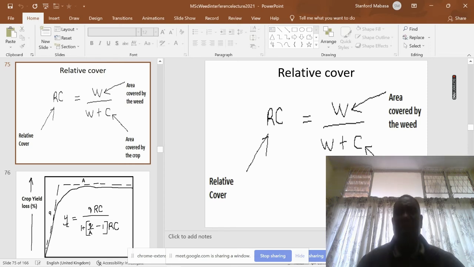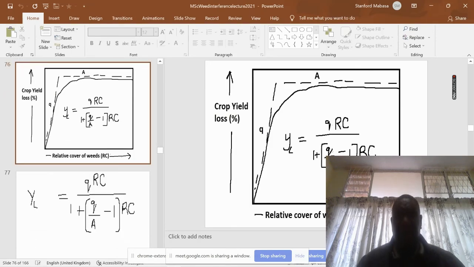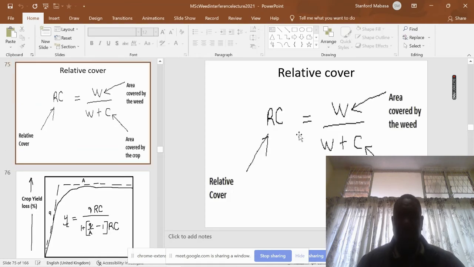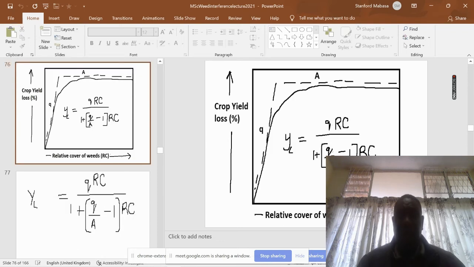We experimented with a group of students who were measuring relative cover and at the same time weed density. The results were the same. So in the graph, you now plot RC, which is the relative cover, on the x-axis. Crop yield loss remains crop yield loss. But what happens to this equation?